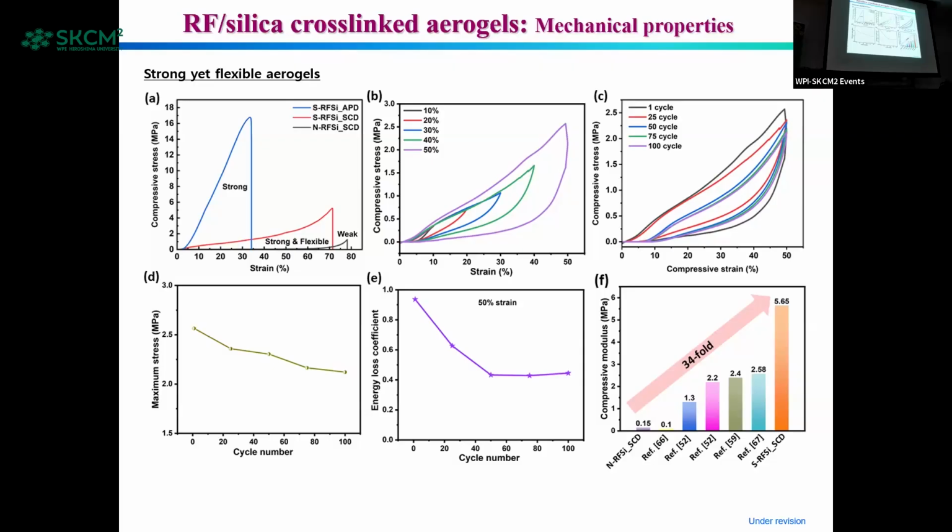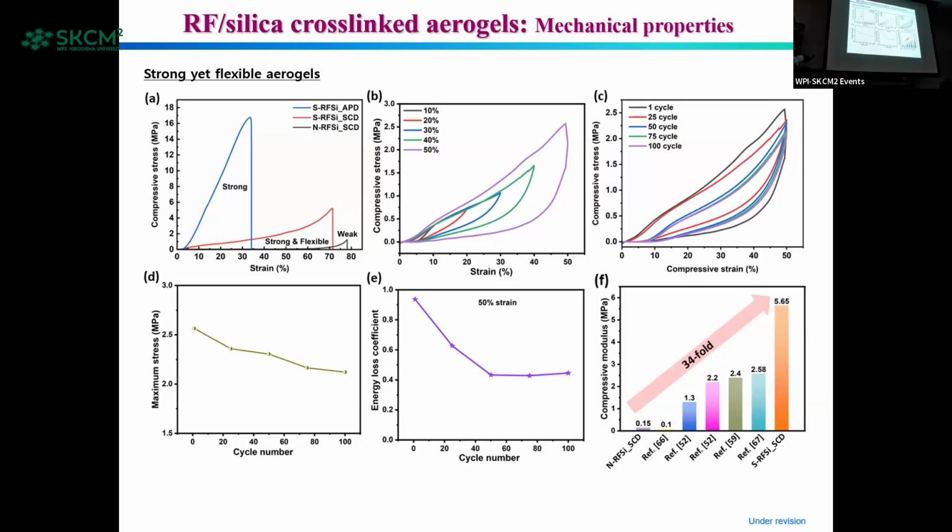You can see the cyclic curves of mechanical properties at different compression strains. Up to almost 50% strain, it is stable. We can compress that material 50%, and it regains its original dimensions with only a few percent loss in dimension.